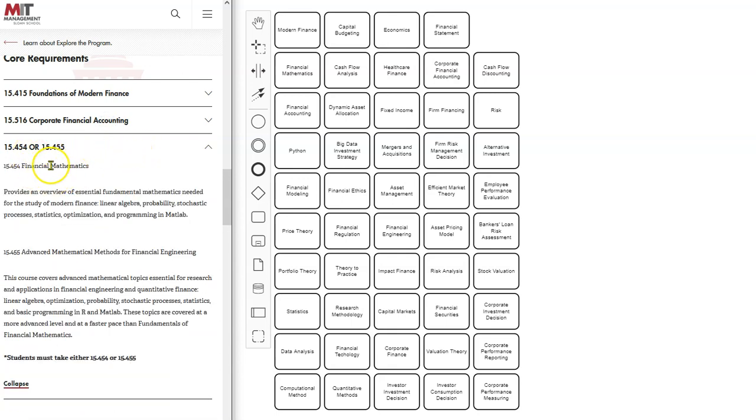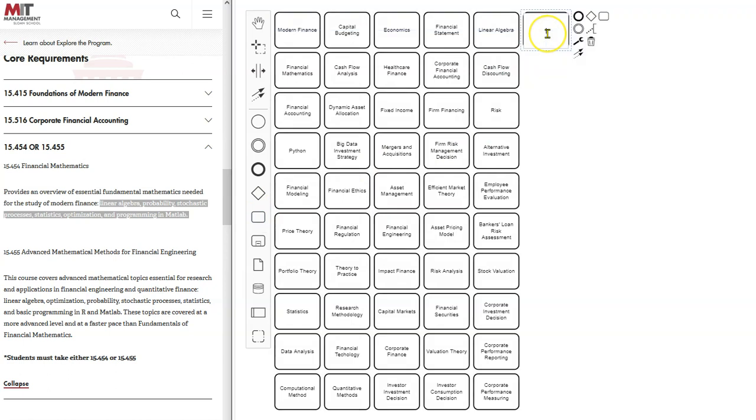Okay, so what's this course? There's no name for it. Financial mathematics. So that would be this one. Fundamental mathematics. Here we go. So these are the important ones here. So we have linear algebra, probability.